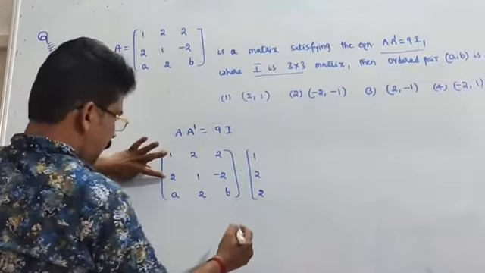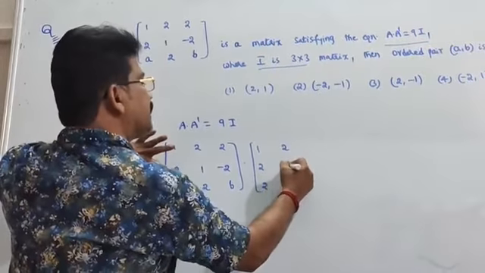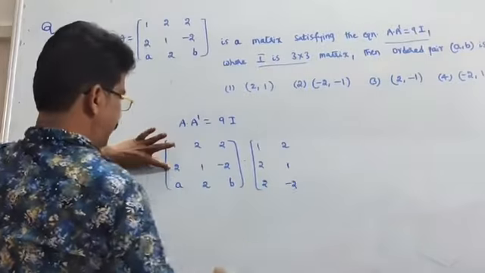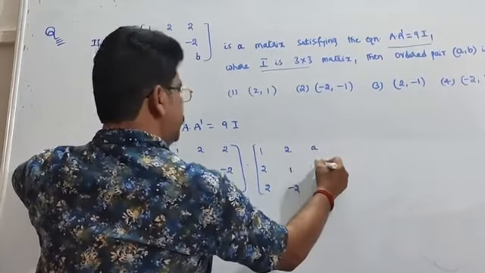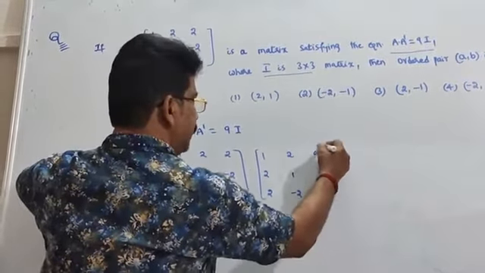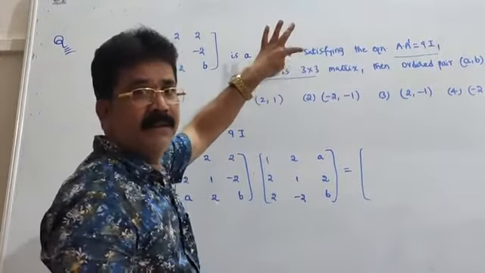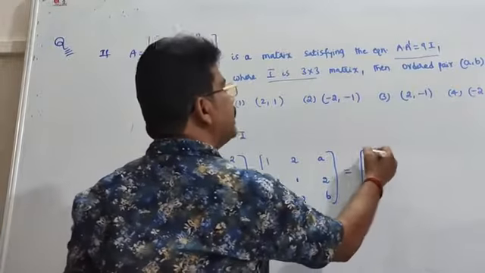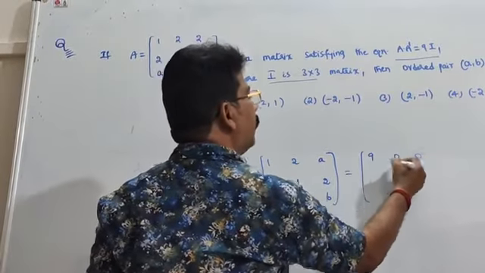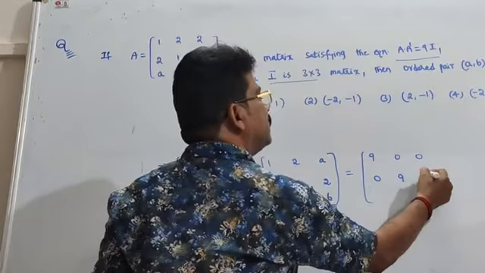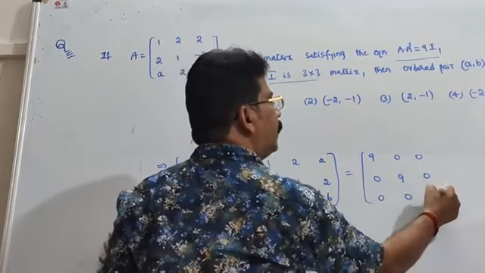Already I explained the definition of the transpose of a given matrix. That is equal to 9 into I, given that I is a 3 by 3 matrix, which means 9 0 0; 0 9 0; 0 0 9.